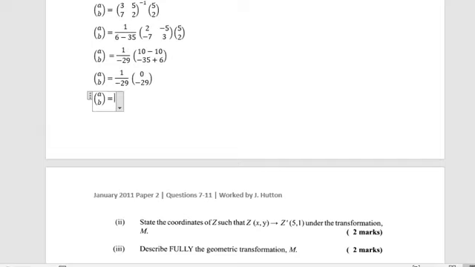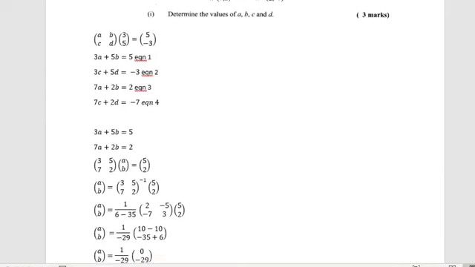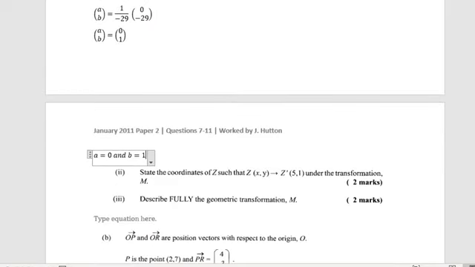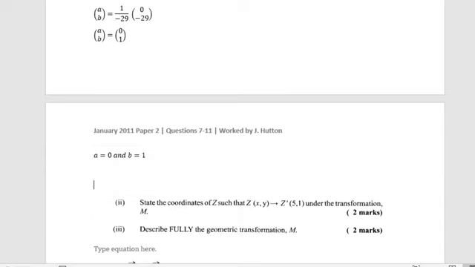So now we're going to be taking equation 2 and equation 4. So what I have is 3C plus 5D is equal to -3, and 7C plus 2D is equal to -7, going through the same procedure again.